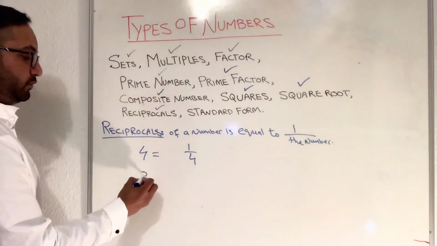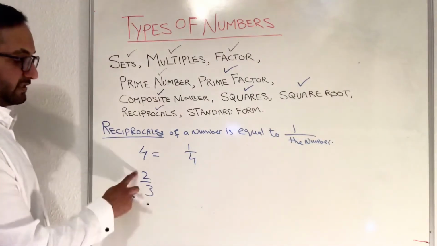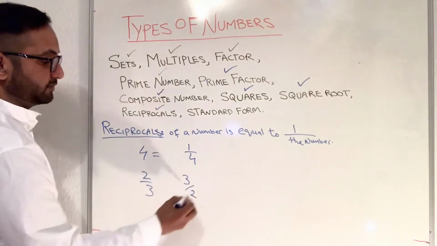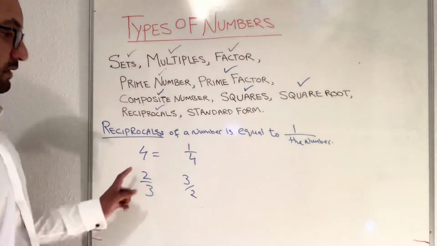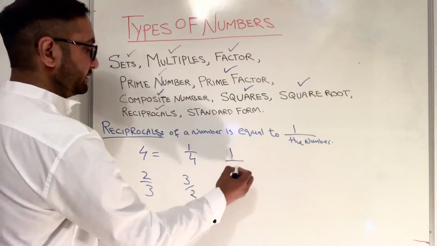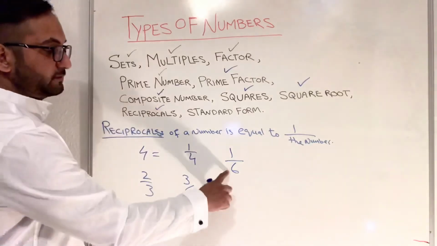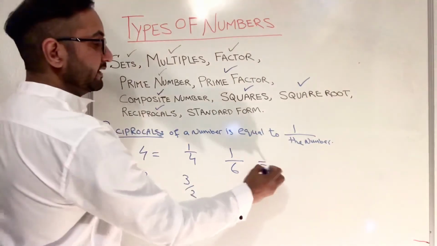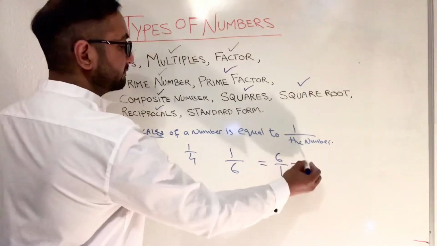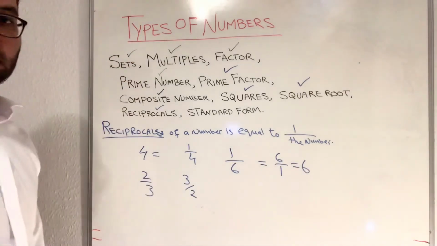If you have the number 2 over 3, can you find the reciprocal of that number? We flip that number, 3 over 2 is the reciprocal. So upside down. If we have 1 over 6, can you find the reciprocal of that number? Then we flip it, so that becomes 6 over 1, which is equal to 6.